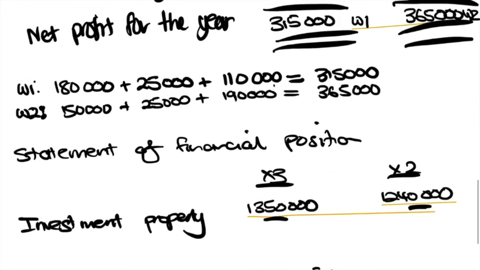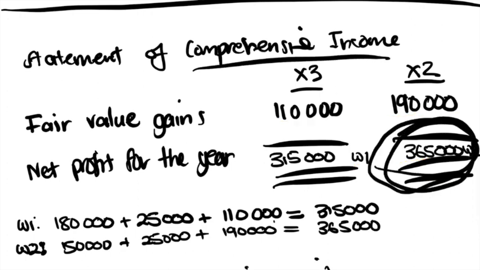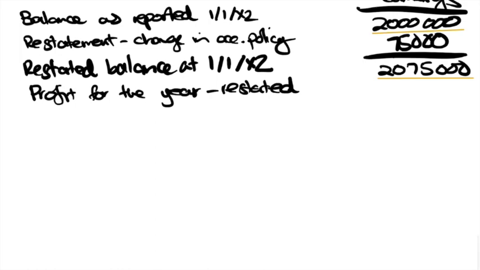If we go up to our statement of comprehensive income, we can see our restated profit over there is 365,000. So we can put that 365,000 over there. That is our new profit.